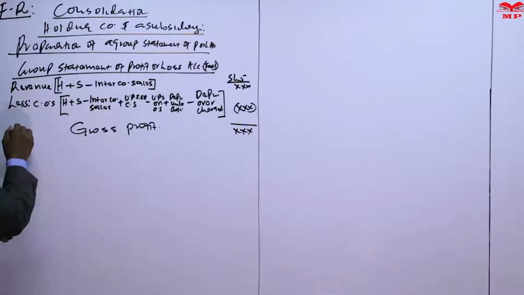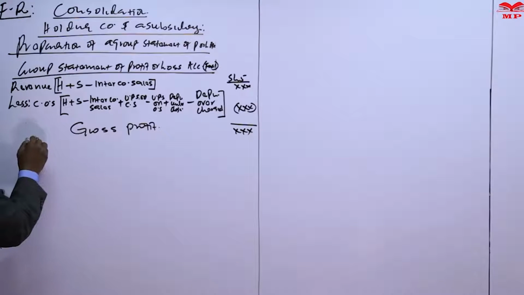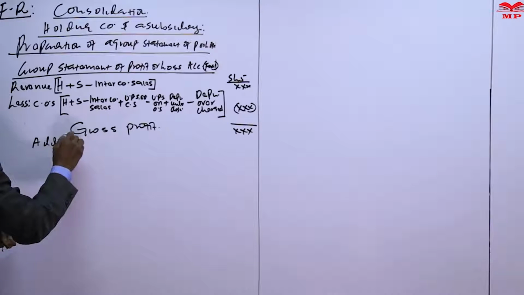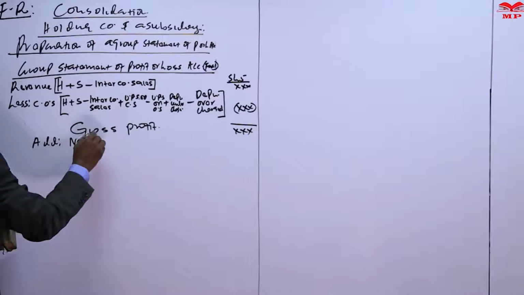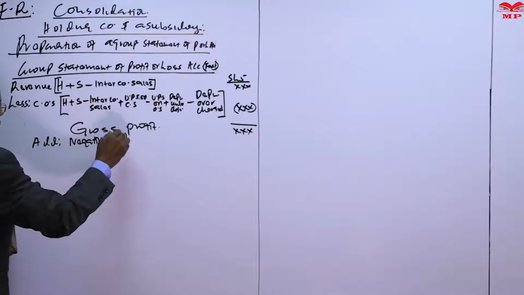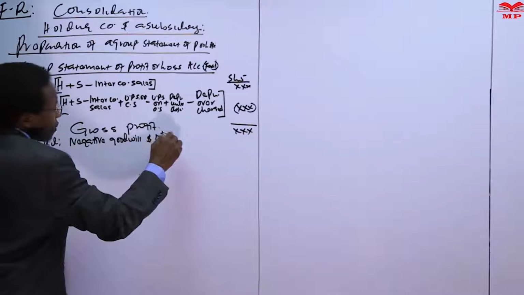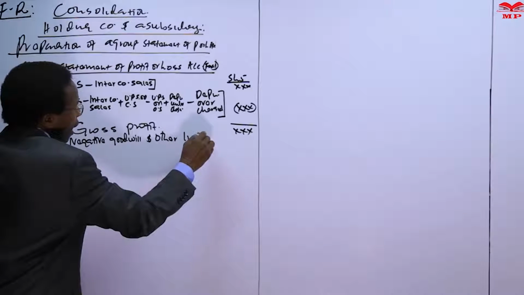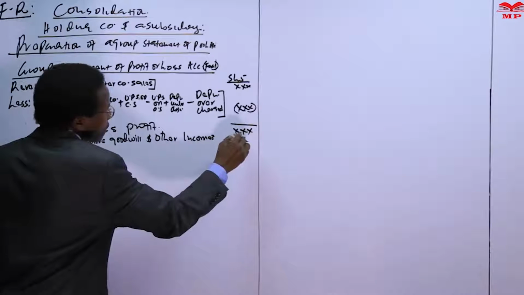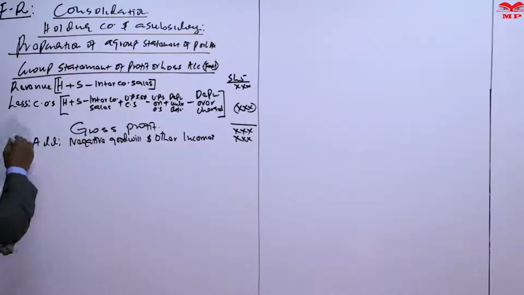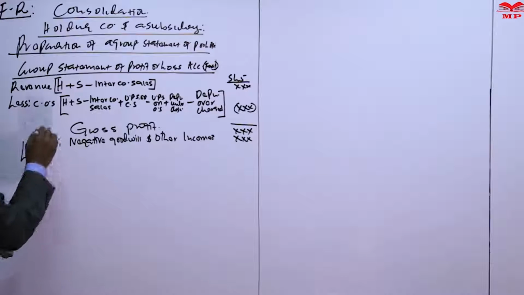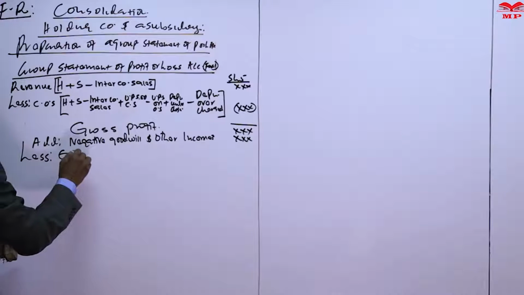Then you can add negative goodwill, and other incomes. Then you less expenses.